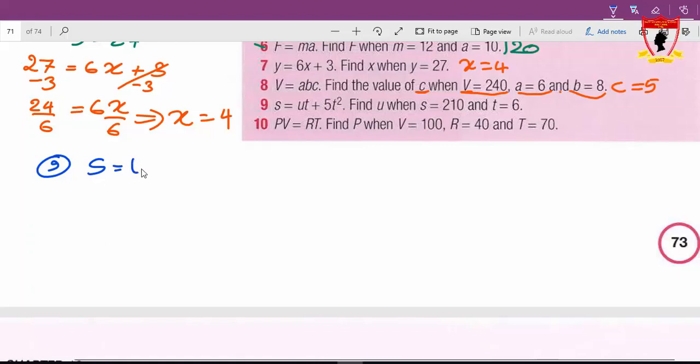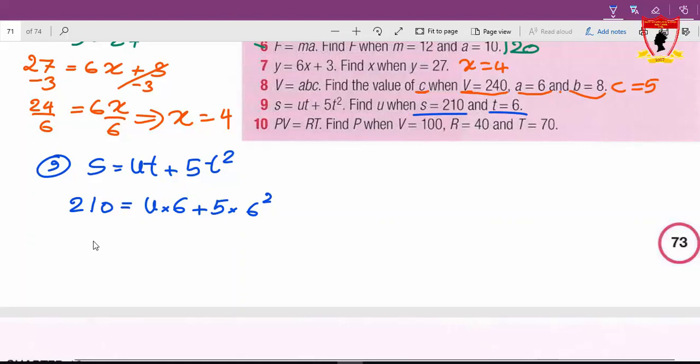S is equal to UT plus 5T squared. What's given is S and T. S is equal to 210, which is equal to, U is missing, T is 6, U times 6 plus 5 times T squared, so 5 times 6 squared.